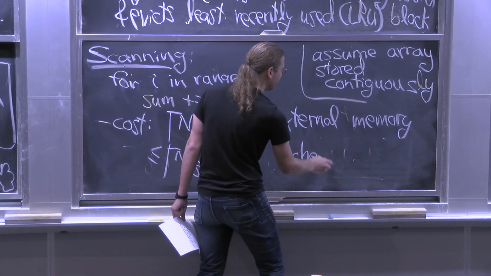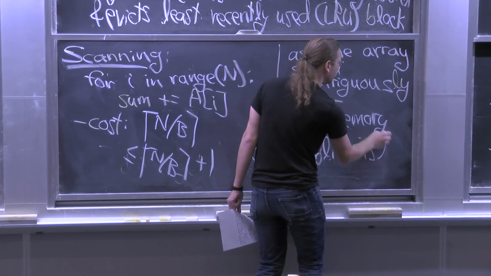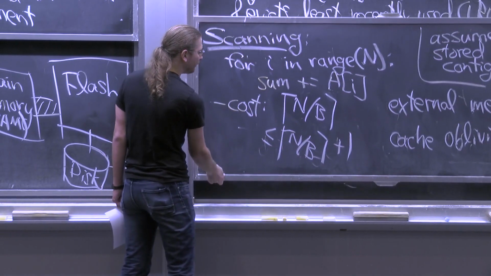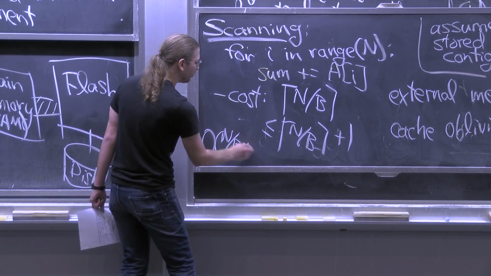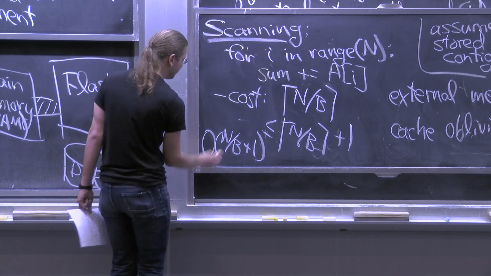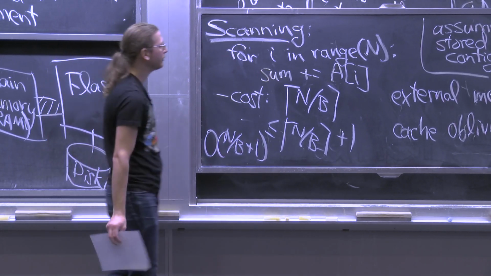So it's just going to hurt you by 1. But I wanted to point out there is a slight difference between the two models, even with this very simple algorithm. In general, I'm just going to think of this as big O of n over B plus 1. You could even say it's n over B plus big O of 1. But we won't worry about constant factors today.